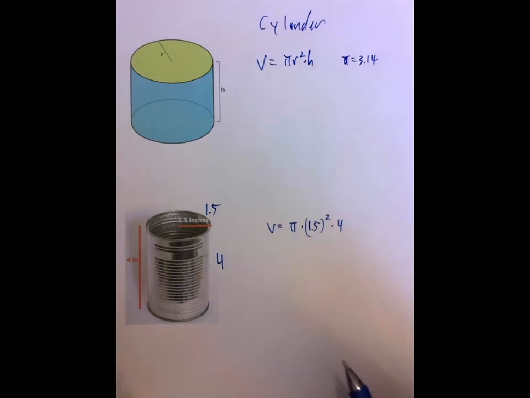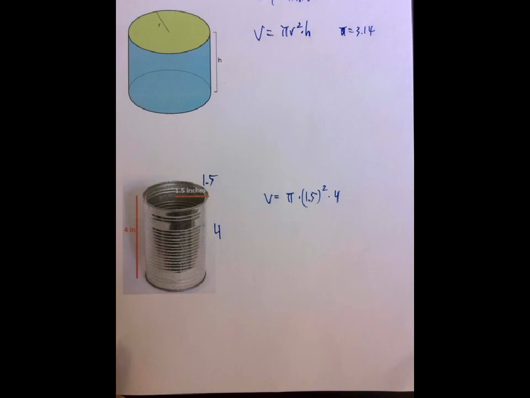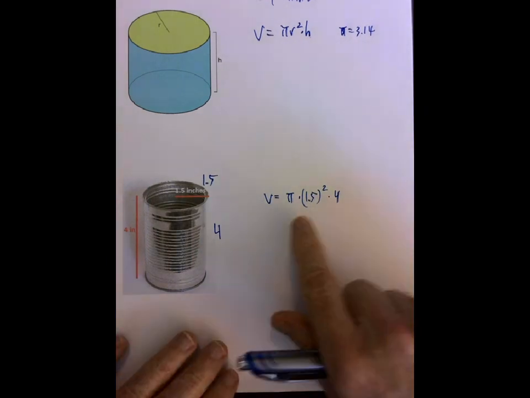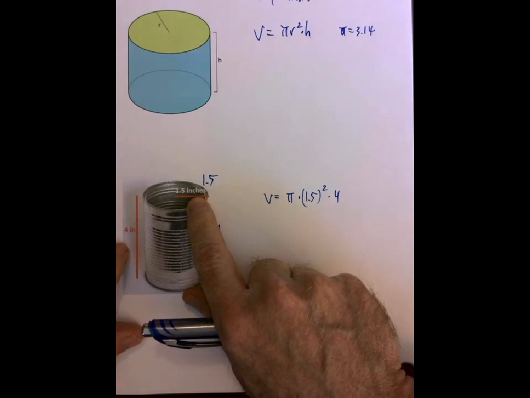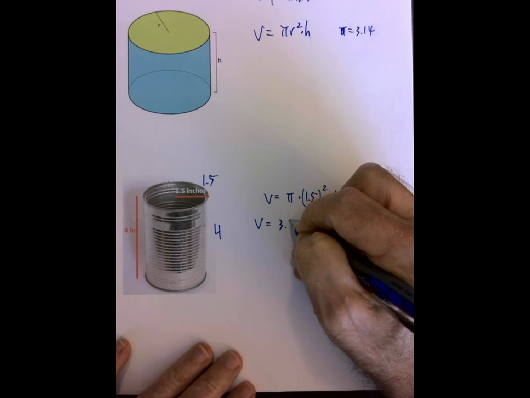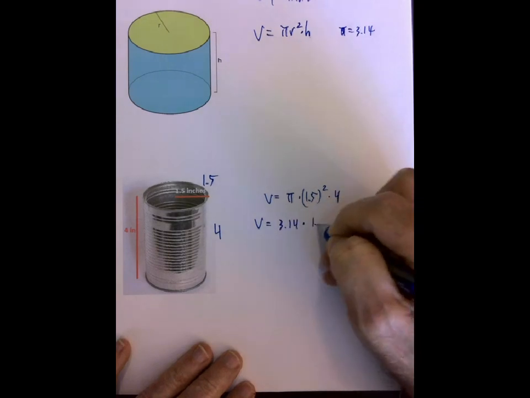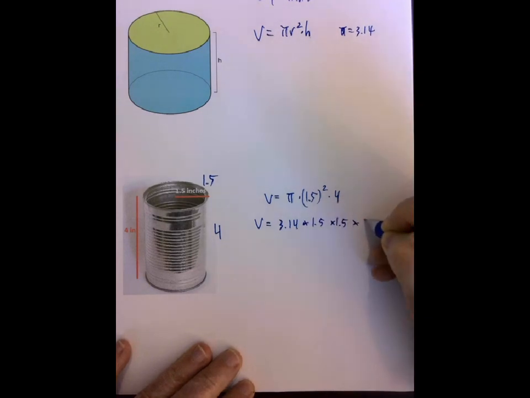Okay? So let's say we want to find the volume of this tin can here. Well, the radius is 1.5 and the height is 4. Measured it myself. So that means the volume is going to be 3.14 times 1.5 times 1.5 times 4.